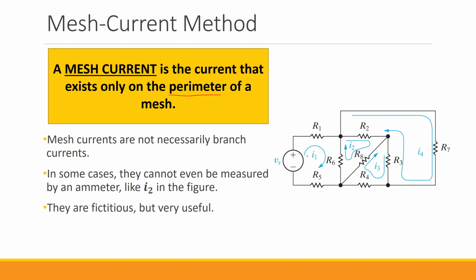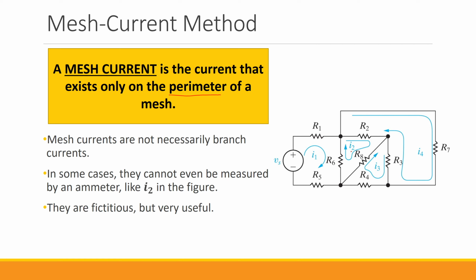So for example, for mesh 1, I1 is the branch current for R1, R5, and Vs. Why? Because they only belong to mesh 1 and they are not shared between two meshes. But for R6, I1 is not the branch current. In fact, since R6 is shared between mesh 1 and mesh 2, the branch current is a combination of I1 and I2.